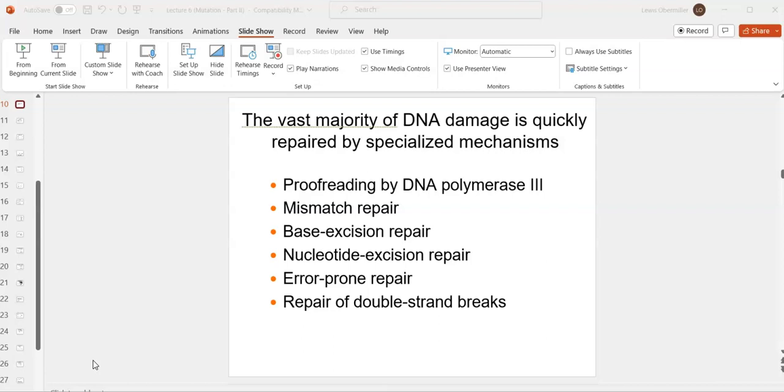And so DNA polymerase 3 has the ability to proofread, and remember it can back up, so it can do that in exonucleolytic activity. We have a mismatch repair that can repair mismatched nucleotides. We have base excision repair where the base is basically excised.